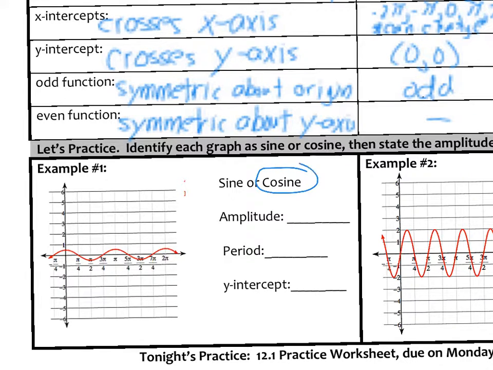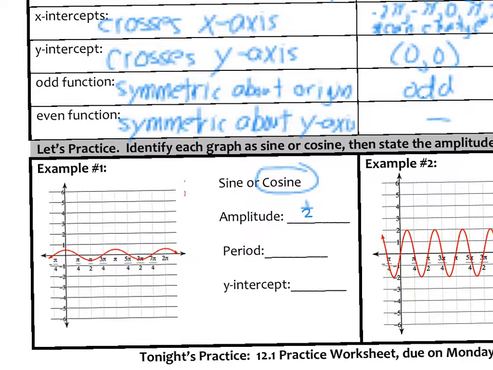Just putting those together. The amplitude, the max height, is 1/2. The min height's negative 1/2. So half of that distance is just going to be 1/2. When I say half that distance, I mean half the distance between 1/2 and negative 1/2, which is a full 1.